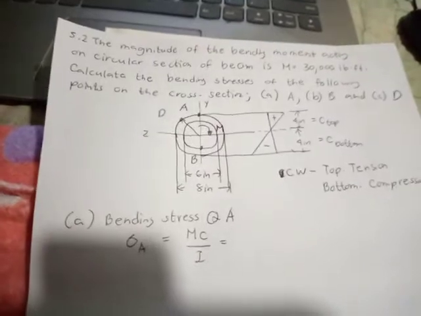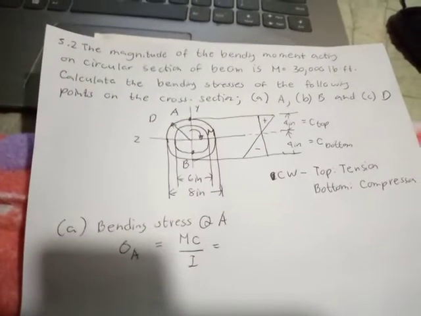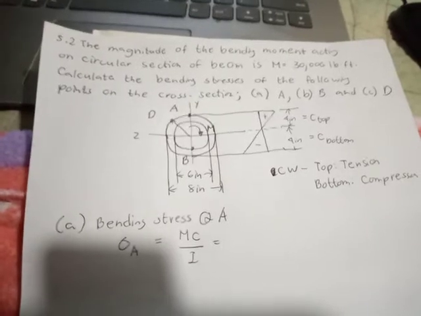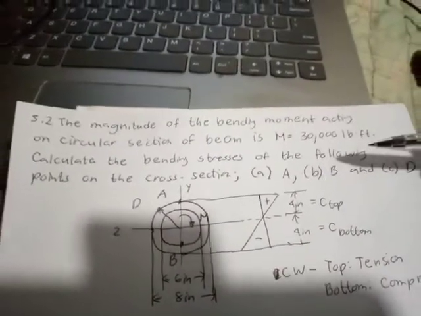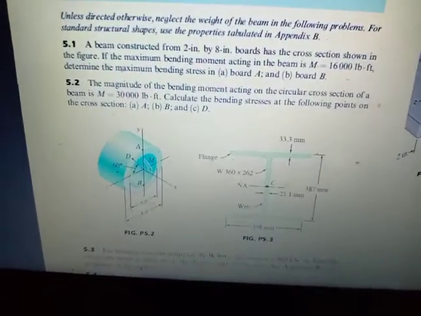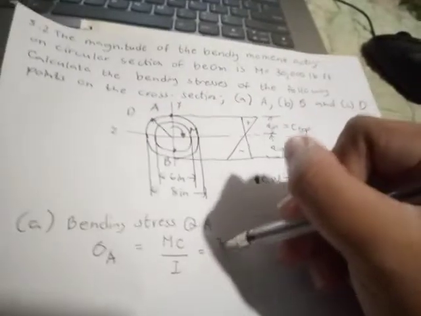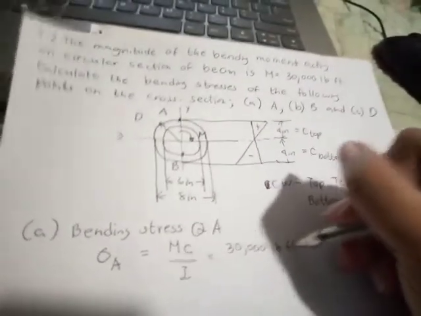After that, we can compute already our stress at A. Our M is logically 30,000 lb-ft.